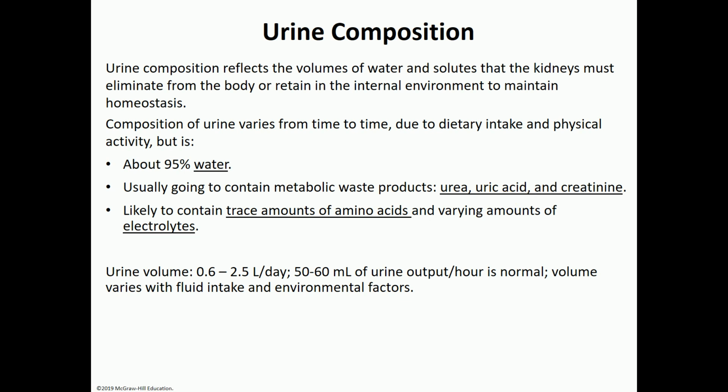So again, depending on what we eat, if we eat high levels of protein in the diet, you'll find more urea being excreted, for example. The normal amount of urine per day is about half a liter to about 2.5 liters per day. Again, very variable depending on the amount of fluid intake, the physical activity, and other environmental factors.